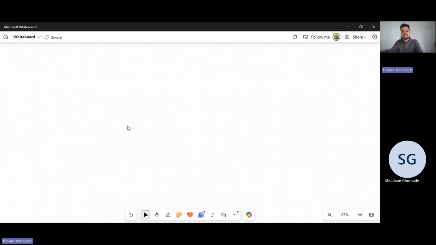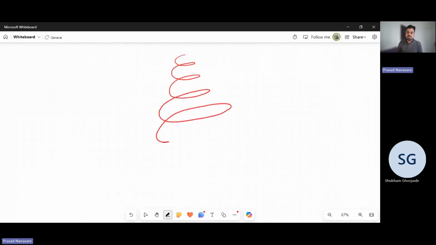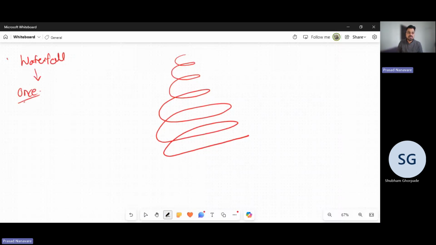Then comes the spiral model. Have you heard about the spiral model, Shubham? No, sir. The waterfall model implies the system is implemented only once. In the waterfall model, the system is built only once.